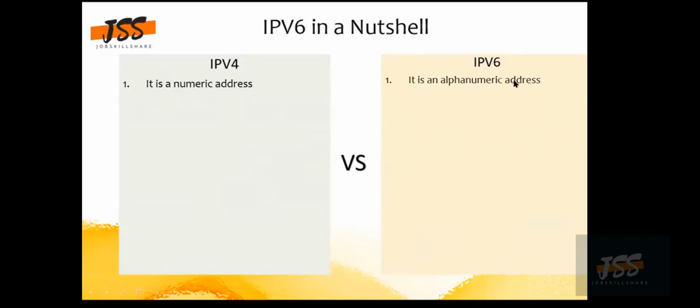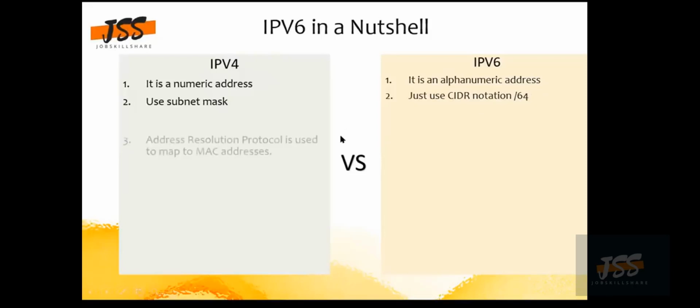IPv6 is an alphanumeric address. IPv4 uses the concept of a subnet mask, but IPv6 uses the CIDR notation. And now you are intelligent enough to know what CIDR is. It will use something like /64. It is also known as bit notation.